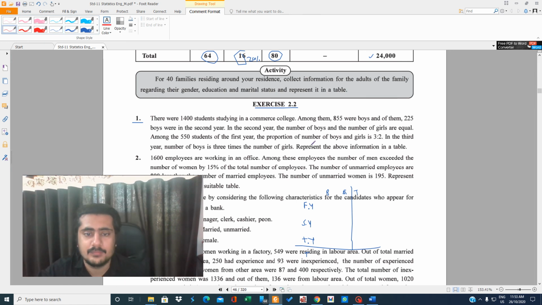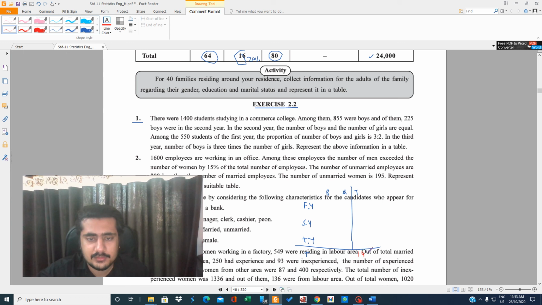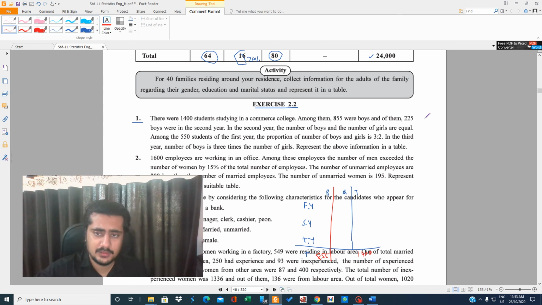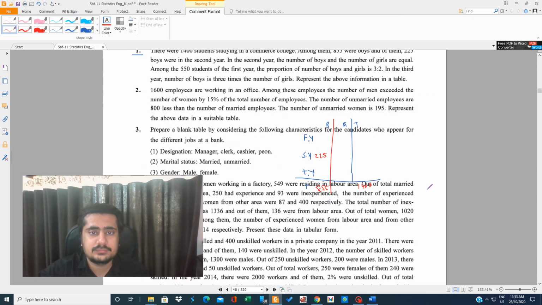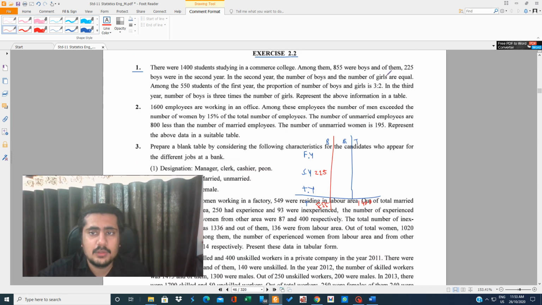Now see, total 1400 students are in a commerce college. Among them, 855 were boys. Okay, balancing figure we are writing later. Of them, 225 were in the second year. In the second year, the number of boys and girls are equal.